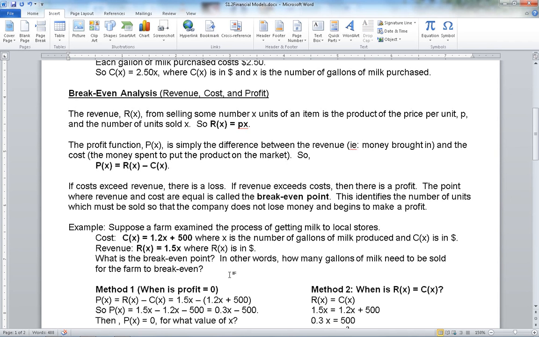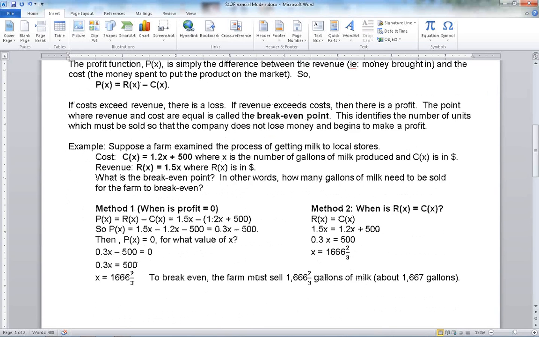Well, there's two ways to look at this. We can look at it as the profit being equal to zero. So we write the profit function as the difference in terms of revenue minus cost. So we would write 1.5x, which was the revenue, minus the function 1.2x plus 500. Now you have to distribute the negative, so be very careful here.